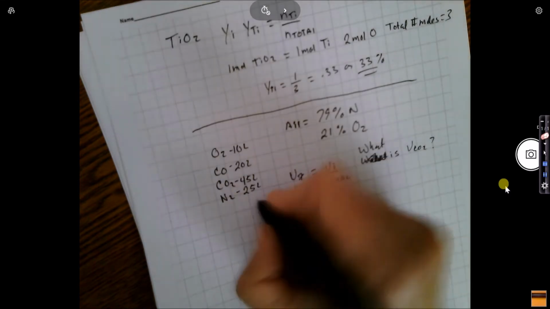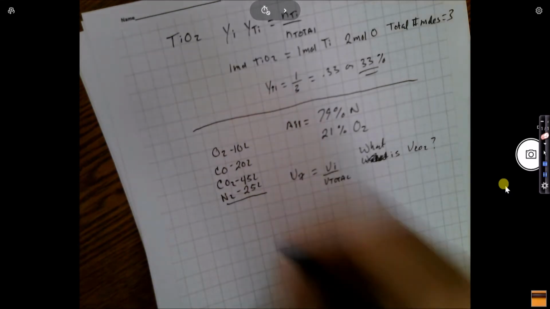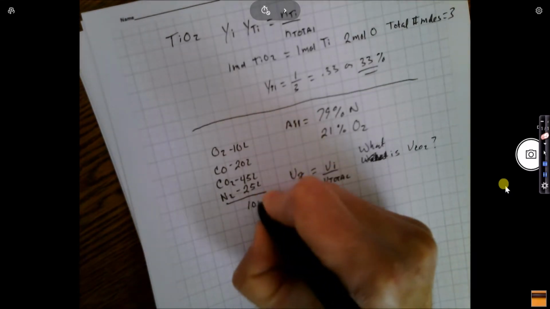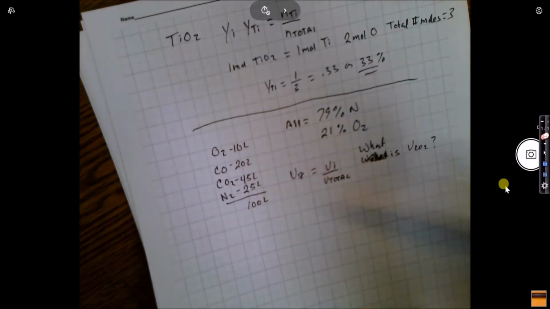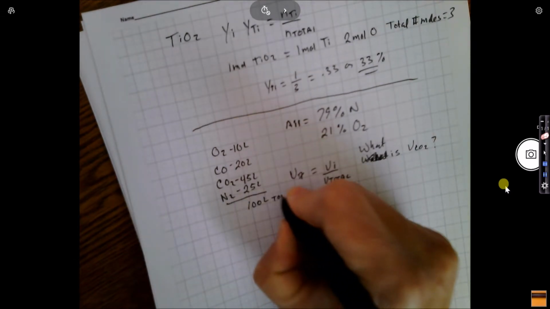First we have to tabulate the total amount of liters in our exhaust gas. We took a sampling, and this is what we got. So 10 plus 20 plus 45 plus 25. And that just happened to equal 100. I actually strove not to. I think subconsciously I did, just to make the calculation easier. So 100 liters total.